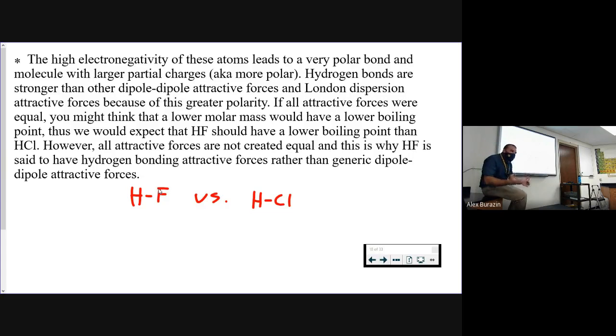HF does have hydrogen bonds between the molecules. They kind of look like the same thing, or they're very closely related, right? But the reason why this has such a much higher boiling point is because it forms hydrogen bonds, whereas this molecule does not. Okay? It's a really important distinction, hence why I'm lingering on it for a good 5 minutes.